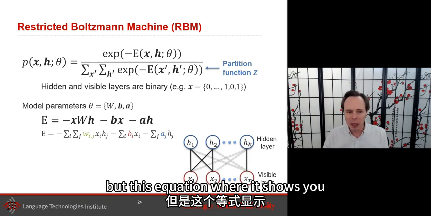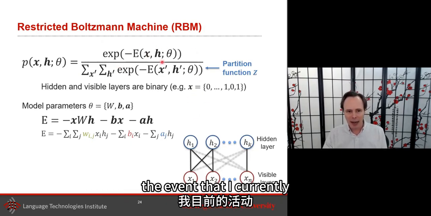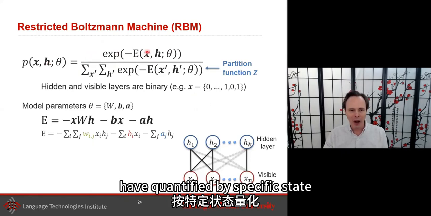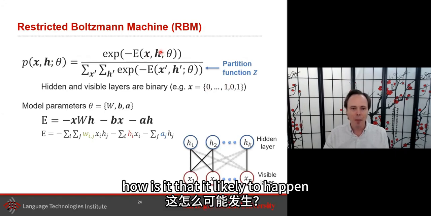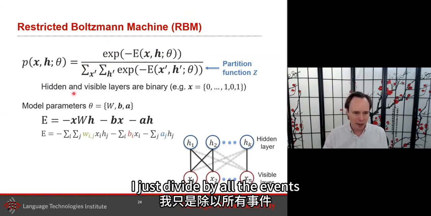This equation says this is the potential of the event I currently have, quantified by specific states. How likely is it to happen? I just divide by all the events.